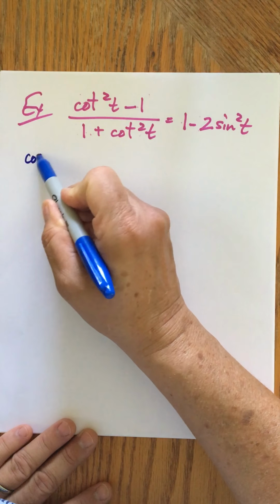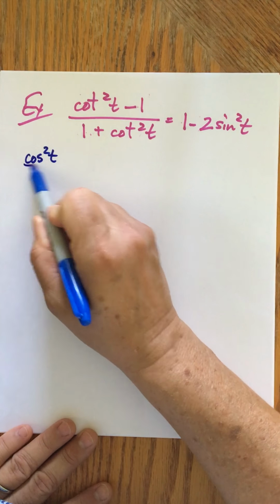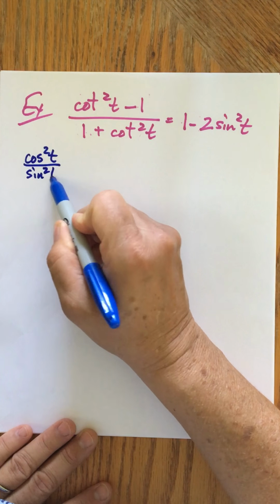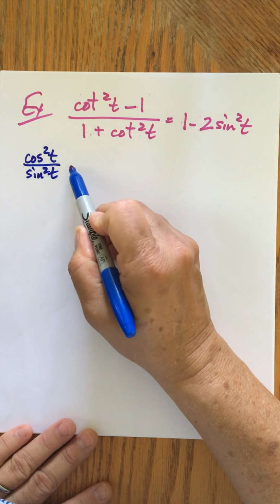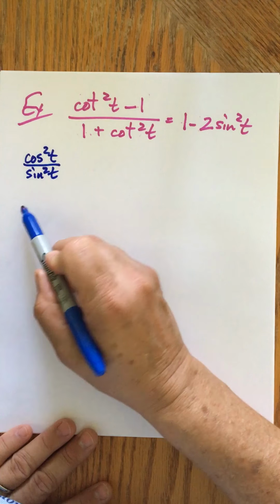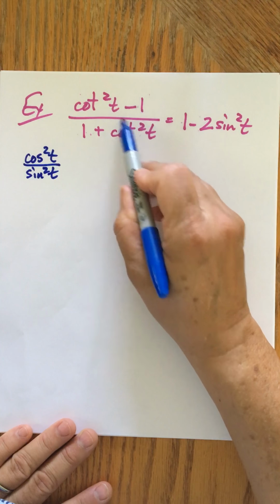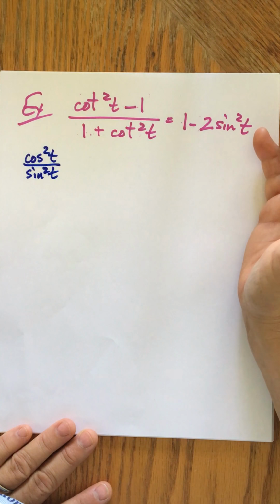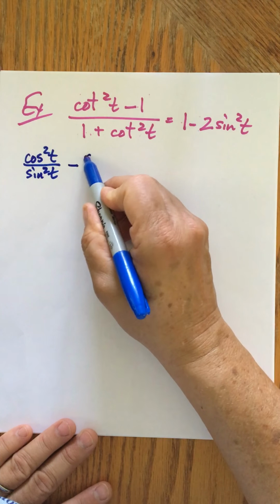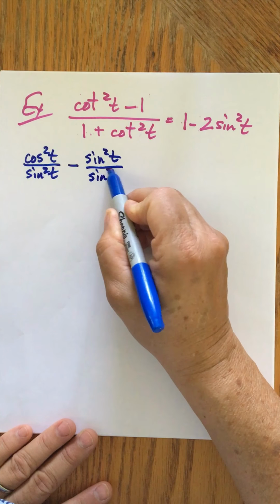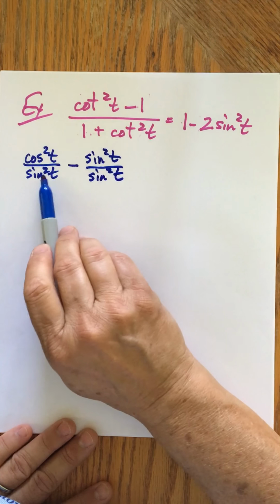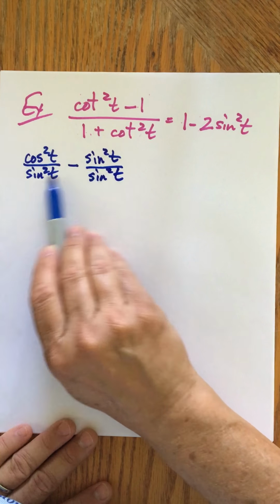So I'm going to say cosine squared t over sine squared t. That's this right here, cotangent squared t. And then minus 1, but the 1, I know I'm going to have to get a common denominator, so I'm already going to express this as sine squared t over sine squared t, and the reason I chose that is because I want to match it with this denominator, right?